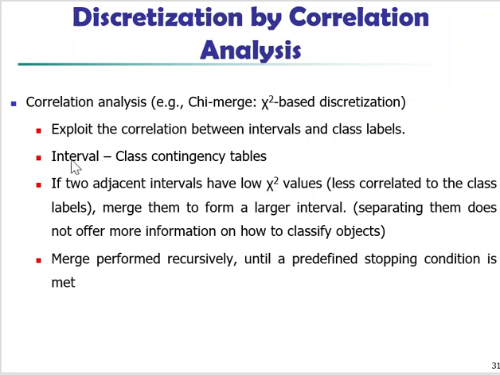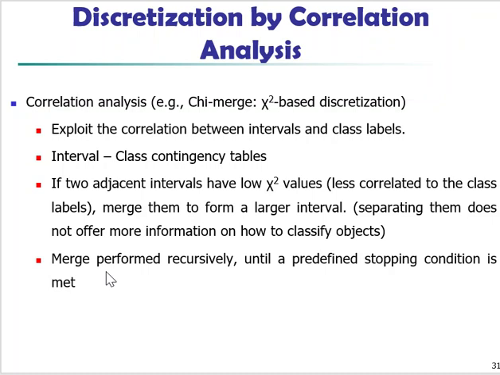And we want to find whether that interval and the class label have some correlation. If we find the chi-square value to be low, meaning no correlation, then we want to merge those intervals into a larger interval until we find a large enough interval that correlates with our class labels. So the merge will be performed recursively until a certain stop condition is met.